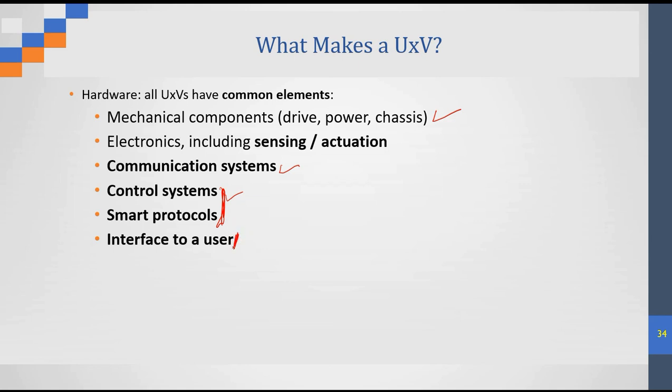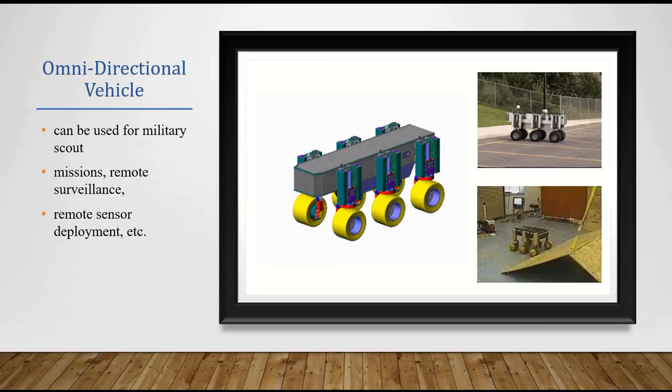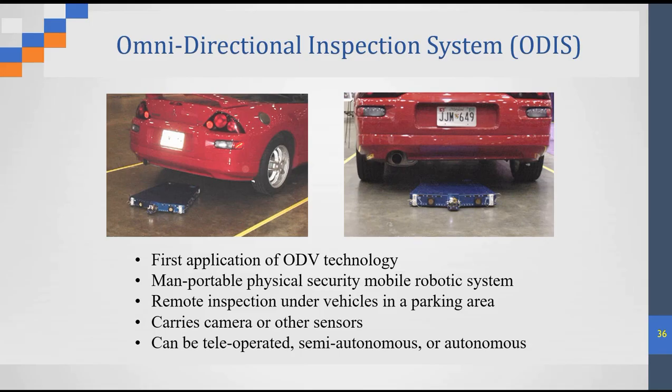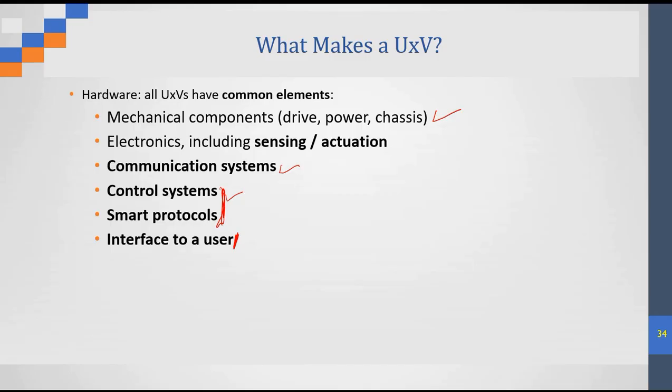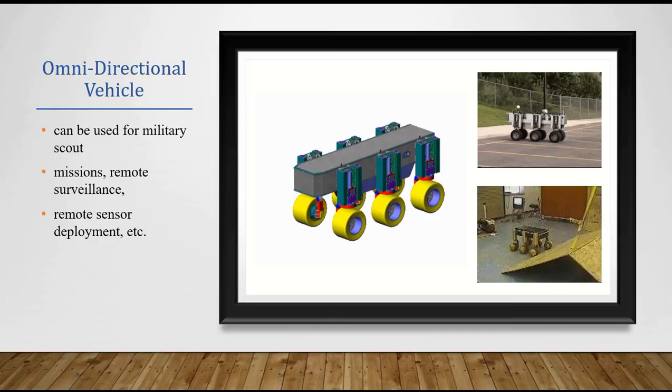Also, some of them maybe we can say are semi-autonomous if not controlled by another device, but most of them are controlled by another device. That's why here we say interface. Interface means it will be controlled by other devices.